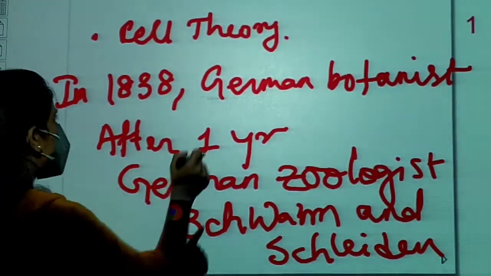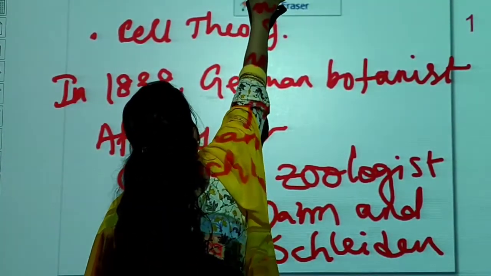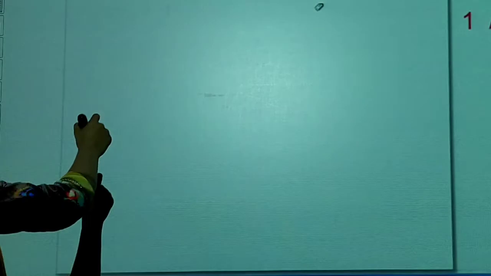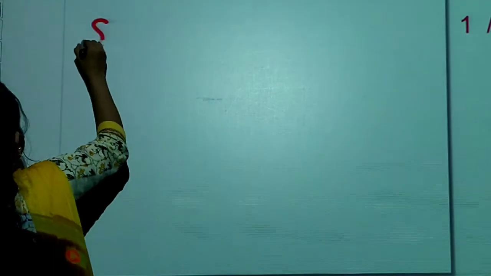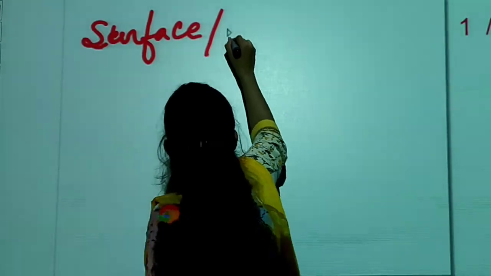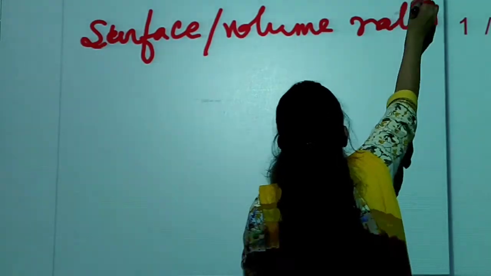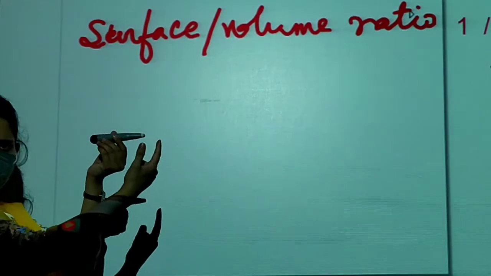Okay, and after this, the second topic which is left is the surface volume ratio. If I ask you, this is a pen, and we have two ends of it, right?